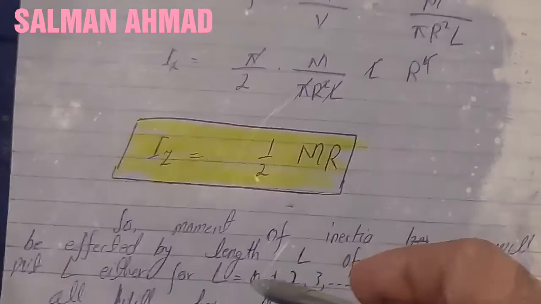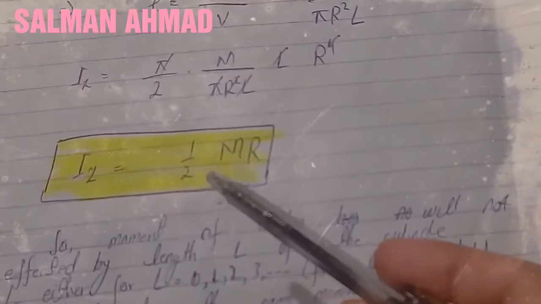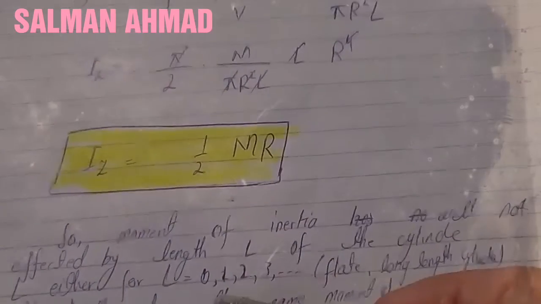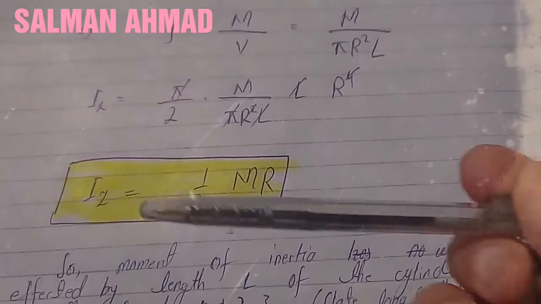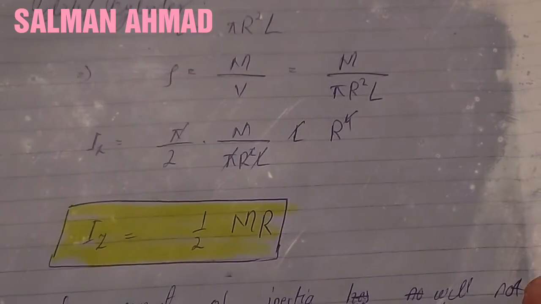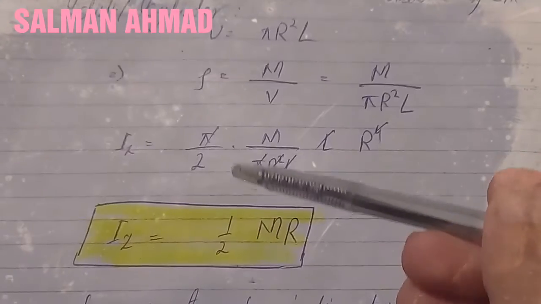So here for L is equal to 0, a flat body. If L is 0, it doesn't have any length, meaning a flat cylinder.